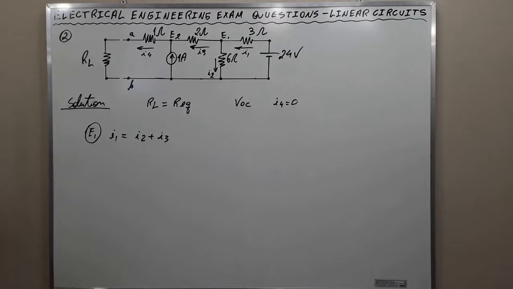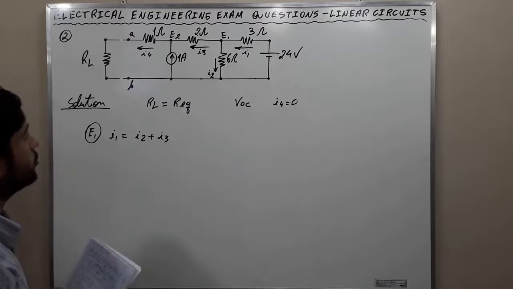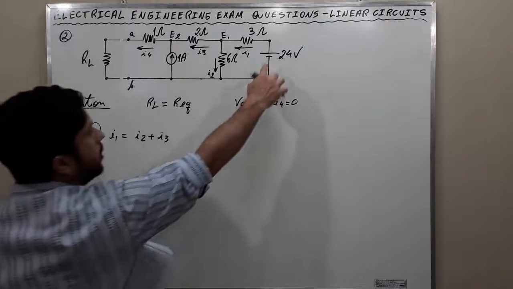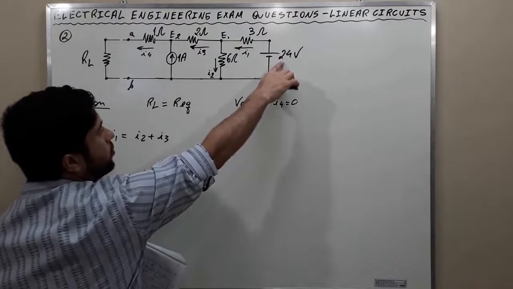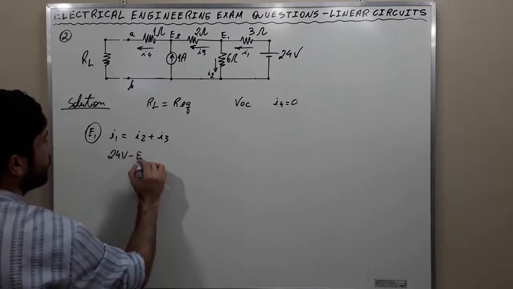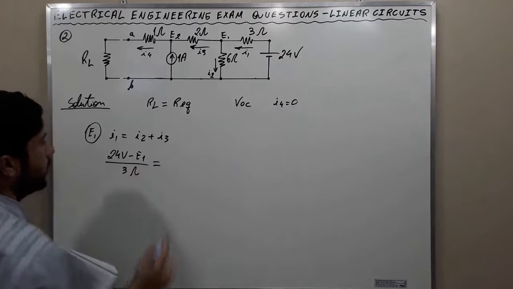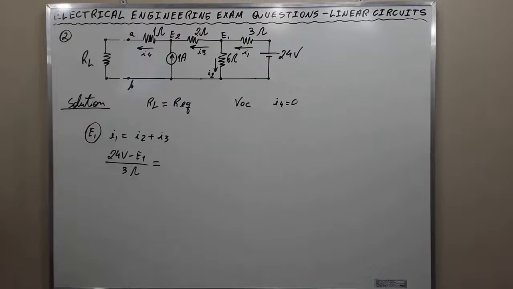Developing this, we get that I1 is 24 volts minus E1 over 3 ohms. Okay? This is I1. Now let's describe I2.